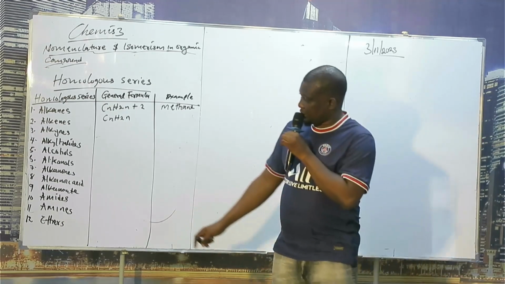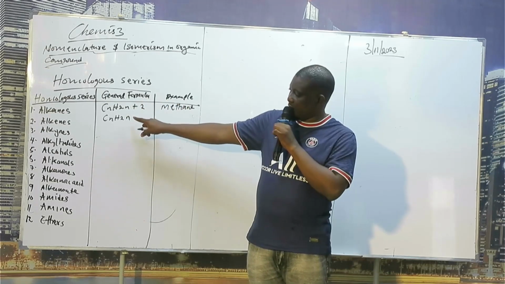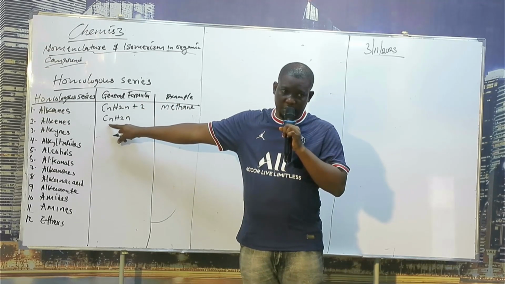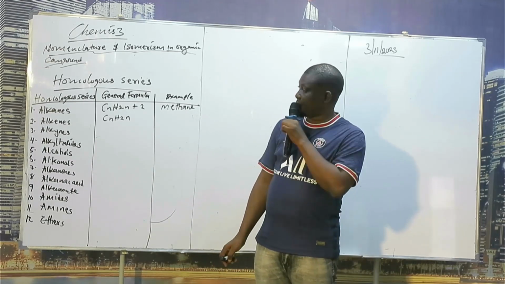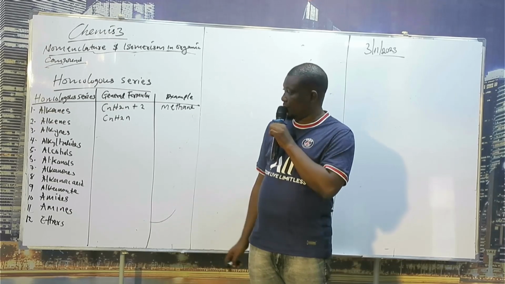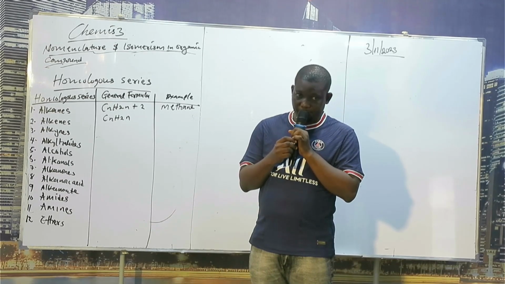So alkenes are short of 2 hydrogen atoms. That is why their general formula is CnH2n. And then who is the first member?